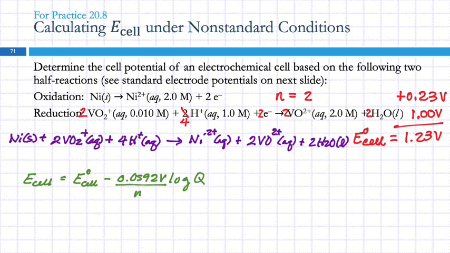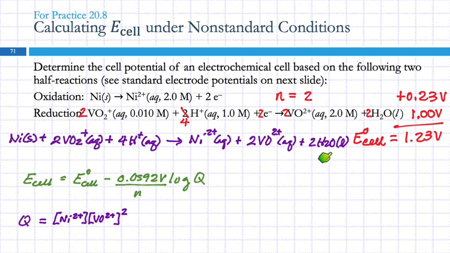So Q, I'm going to do Q down here. We're looking at products over reactants, and coefficients become exponents. So nickel 2 plus and VO 2 plus, that has a coefficient of 2, so we square that.